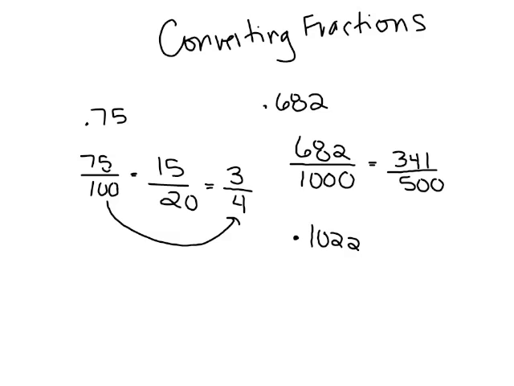So how many places after the decimal? 4. So how many zeros do I need? 4 zeros. 1022 over 10,000.